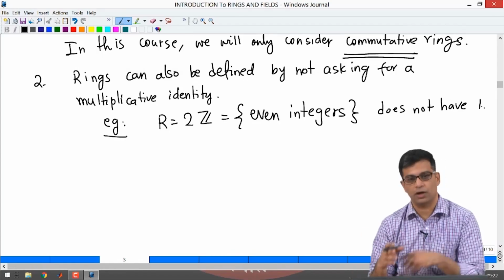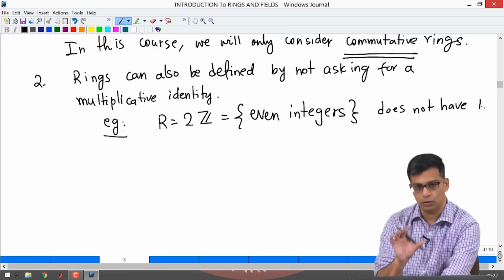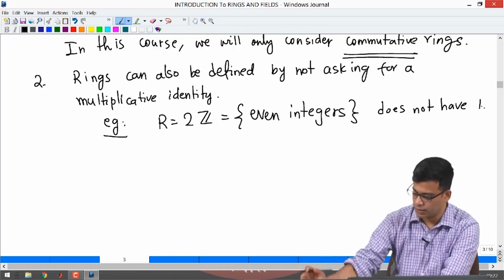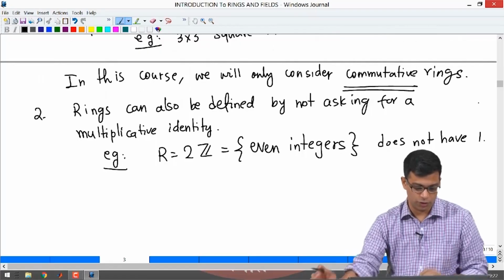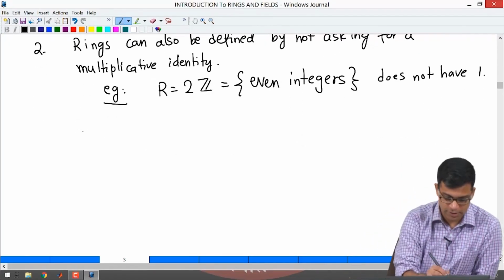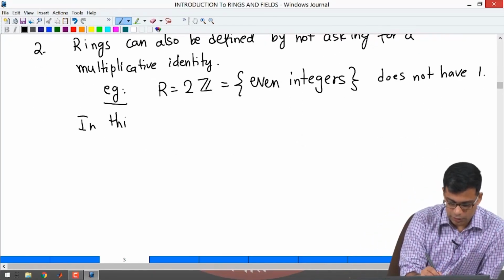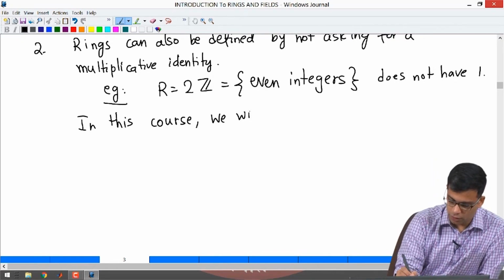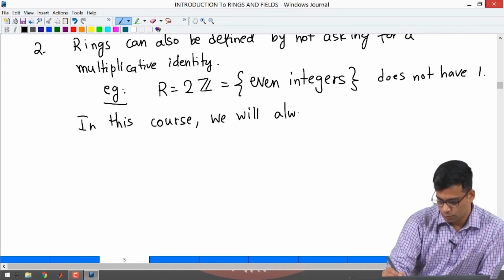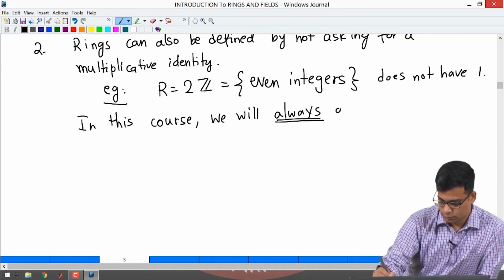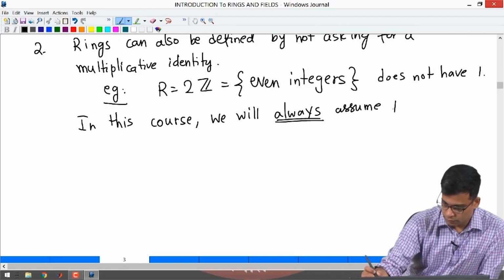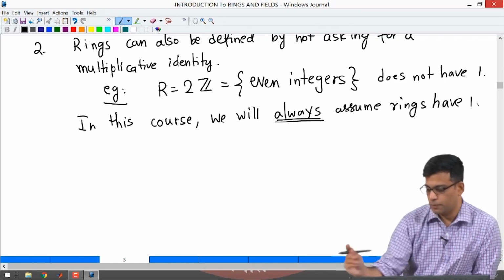Okay, so sometimes it is important to expand your definition of a ring to consider rings without unit, without multiplicative identity, but we do not do that. So in this course, again let me emphasize this, I will make this remark once and I will not say it again. In this course we will not consider this, so we will always assume rings have multiplicative identity.